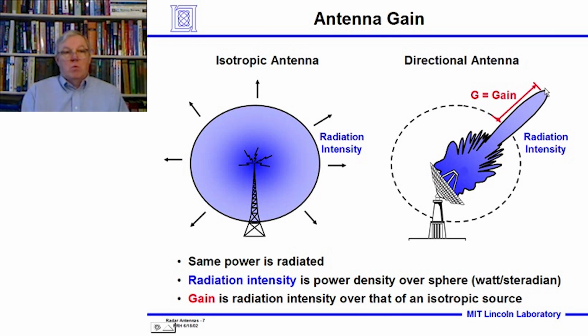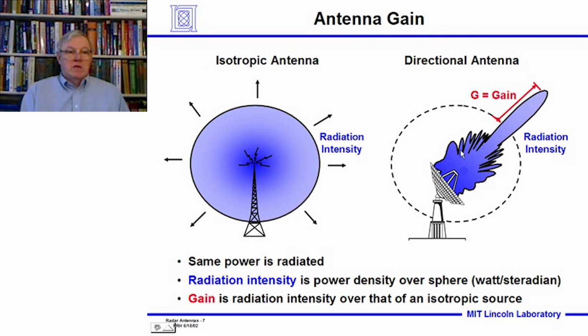The amount of power density that they send out more in one preferred direction over that of the isotropic energy density is what we call the gain. And here we see, in this case, and I'm going to explain how parabolic dish antennas work, we have a source, and the energy goes back to the parabola and is reflected out, and most of the energy goes out in one direction.